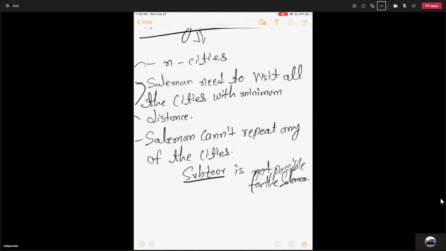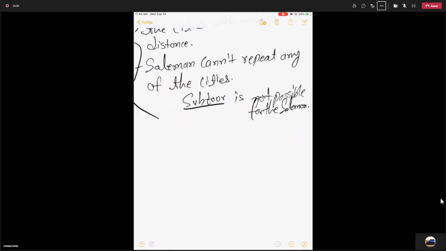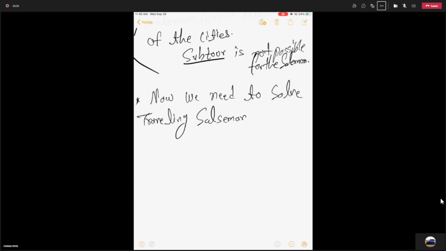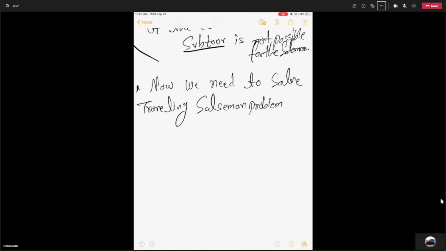So this is the condition. And now we need to solve this problem using ant colony optimization. Right?